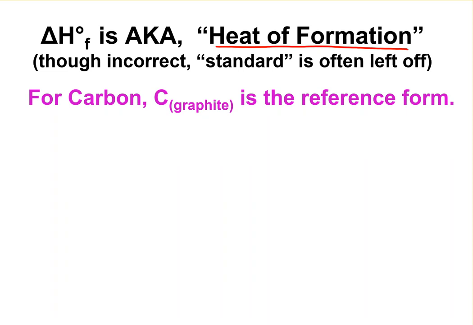Okay, carbon's kind of different because it has an allotrope. An allotrope is basically a crystal structure. For carbon, graphite is the most stable, the reference form of that element. Because that is the reference form for carbon, its heat of formation is defined as 0.